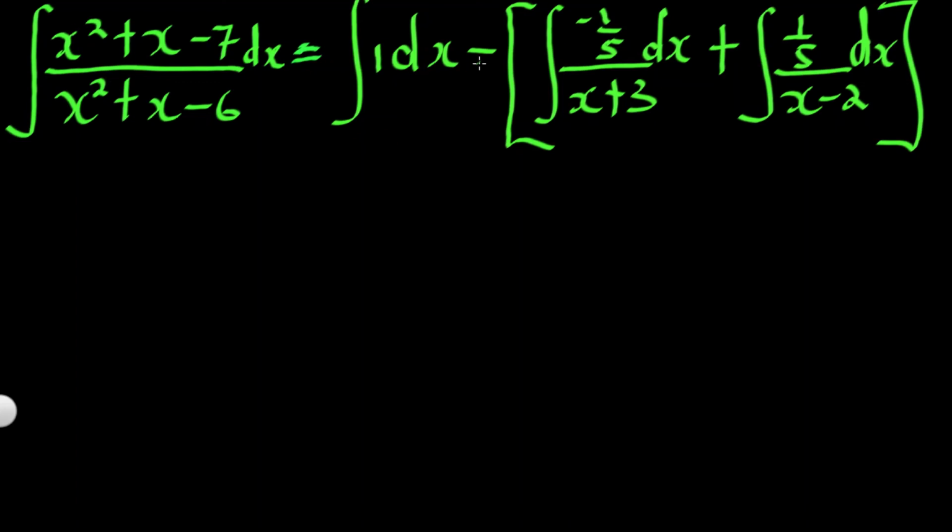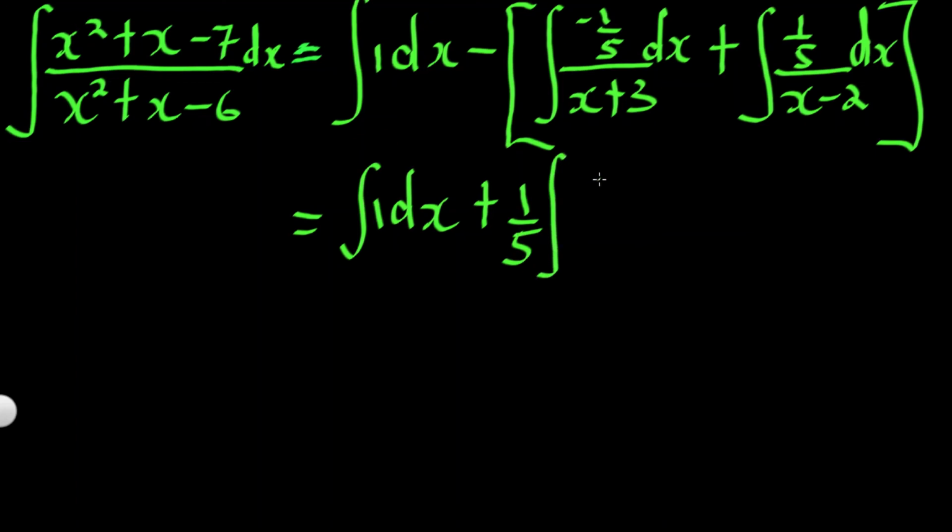So this minus sign is working on these two fractions. So let us simplify the fractions further. I'm going to repeat here, integral of 1 dx. There's a minus here and a minus, so it's going to be a plus. So we'll get a positive sign. And then I'm going to take out this 1 over 5, which is the numerator, and put it before the integral sign: 1 over 5, integral of 1 over x plus 3 dx.